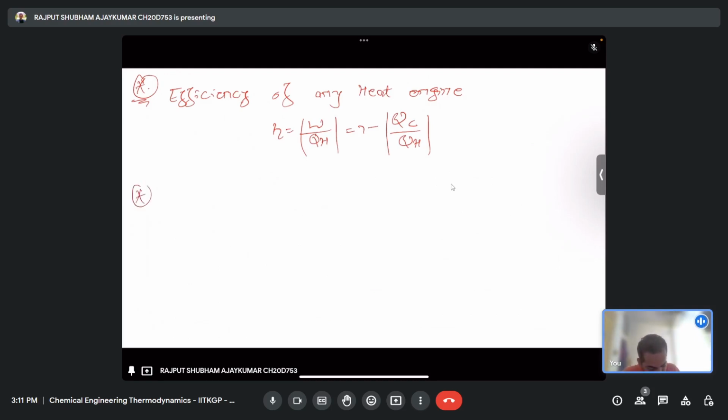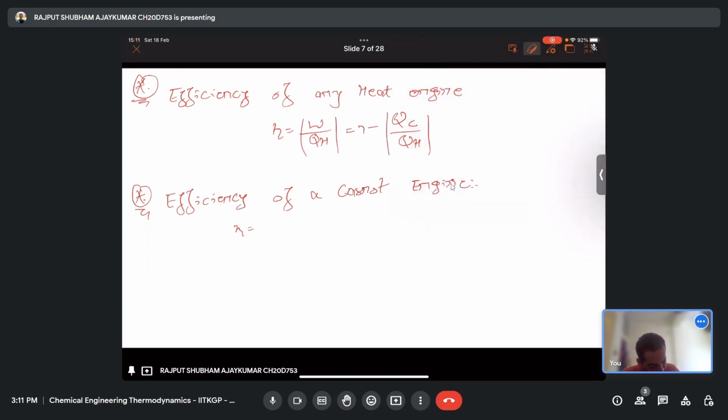There is one cycle which is called the Carnot cycle. The efficiency of a Carnot cycle or engine you can write as eta equal to W by QH, equal to 1 minus QC by QH, equal to 1 minus TC by TH.